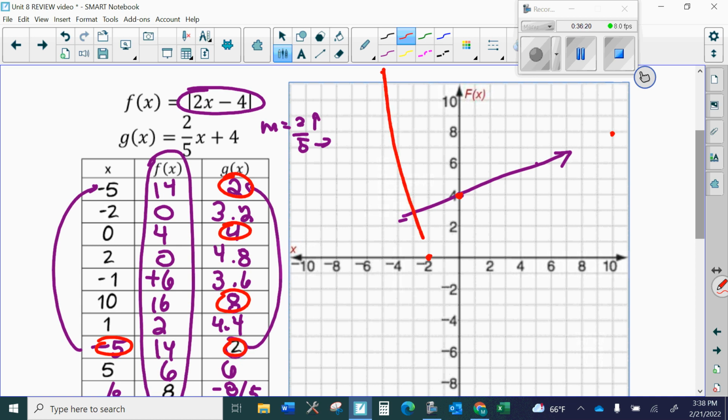Okay, so we have it coming down here like this, going up right there. 2, 4, 2, 0. Negative 5, 14. Negative 2, 0, 0, 4.